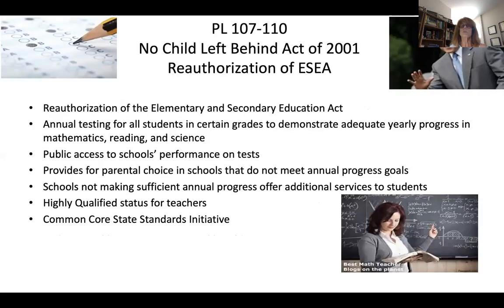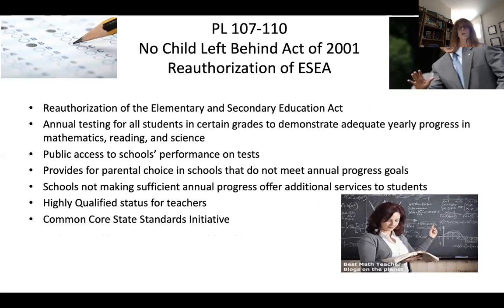There have been subsequent amendments to that. It has a long history, obviously, but in 2001, we look at things like annual testing coming into play, and the public having access to school performance testing.